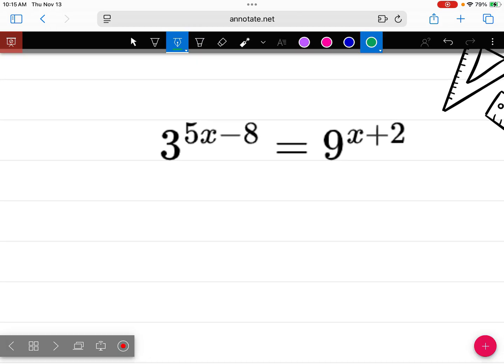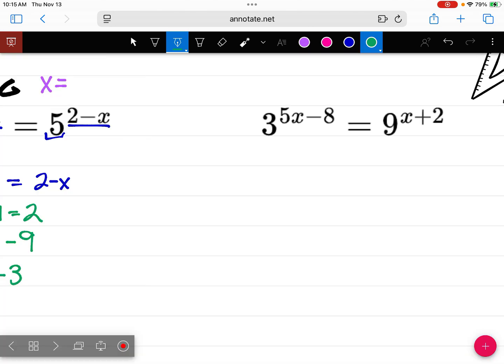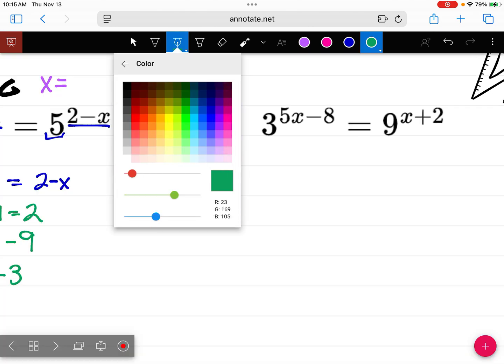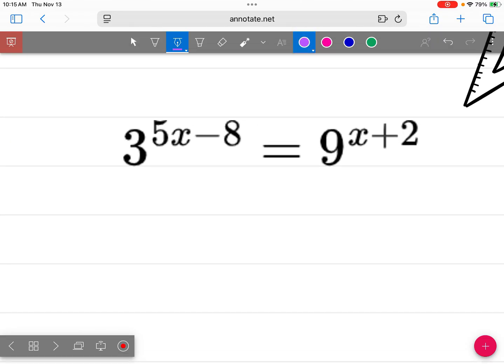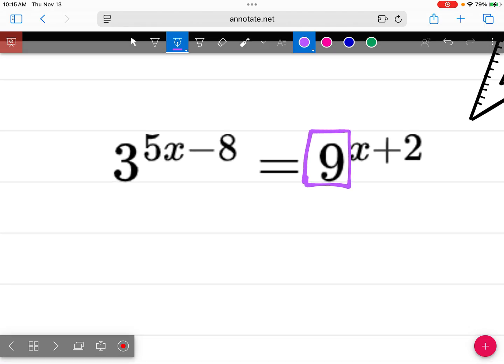What about something on the right? Our 3 to the 5x minus 8 equals 9 to the x plus 2. We want to have them have the same base. So what can I do to make them have the same base? Rewrite 9 as 3 squared. I know the relationship between 9 and 3 squared.